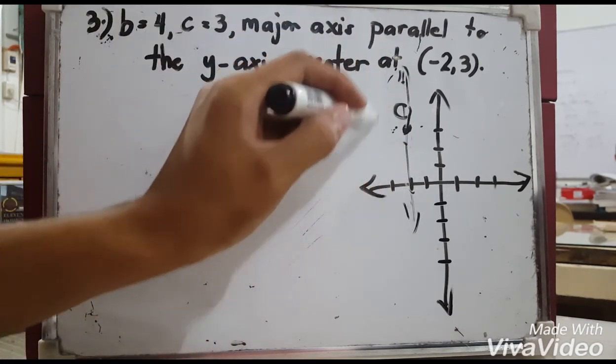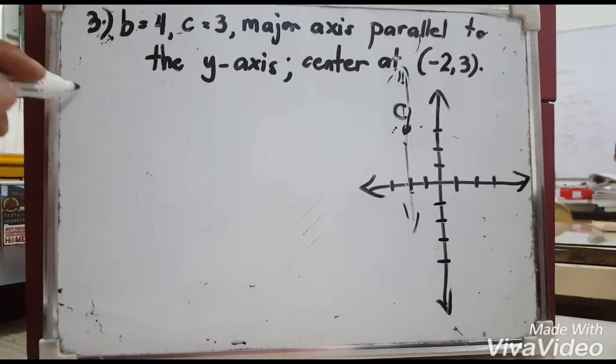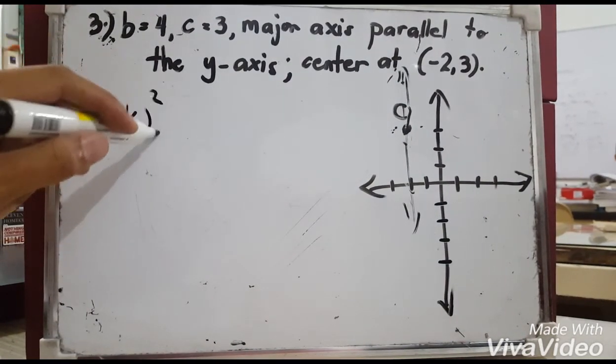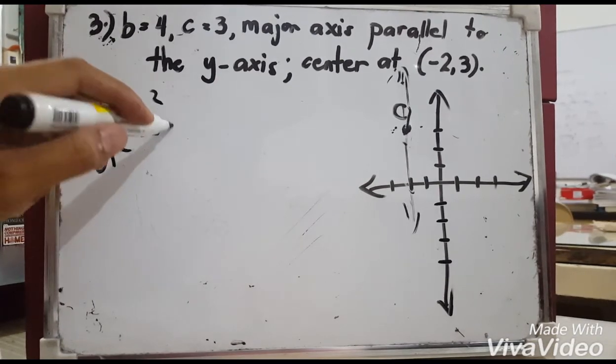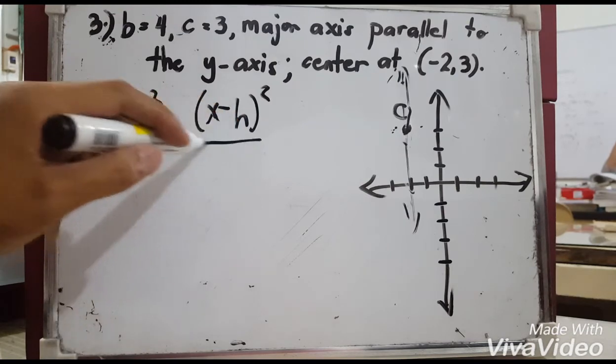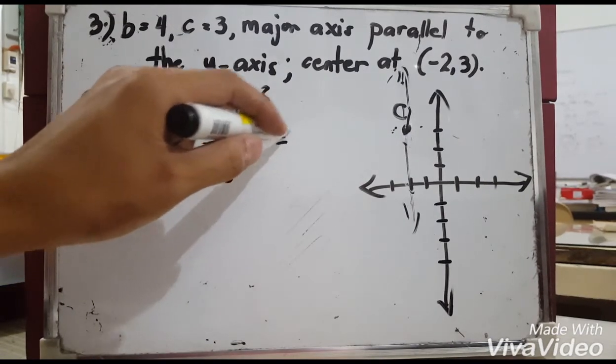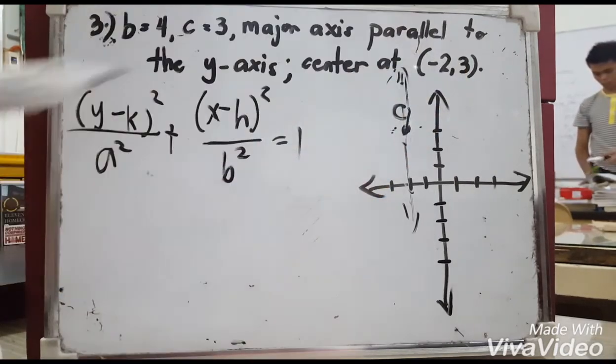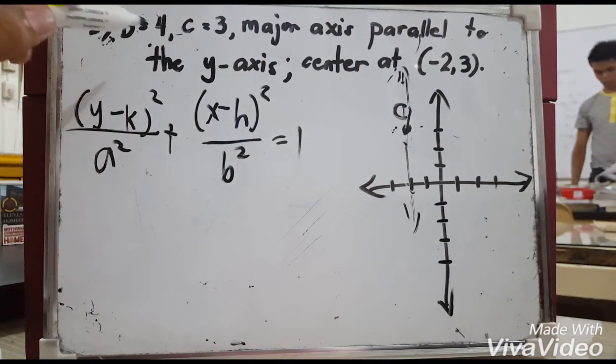Again, if our ellipse is vertical, therefore we have the standard equation (y minus k) squared over a squared plus (x minus h) squared over b squared is equal to 1. We have here h and k. We have here b and c.